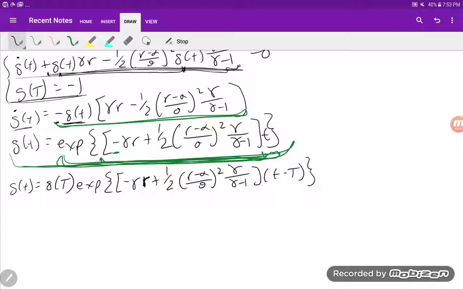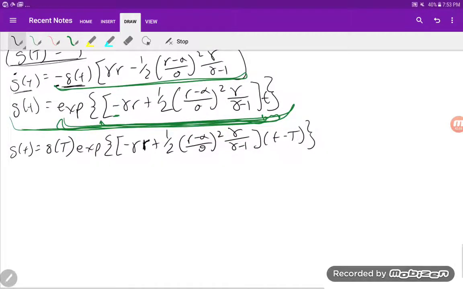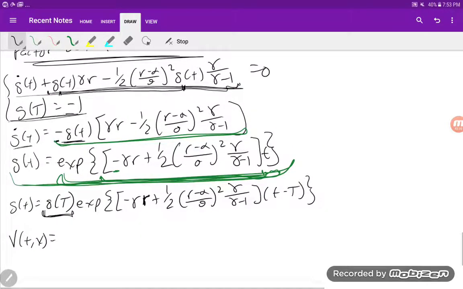Okay, and recall that we factored out our x to the gamma, so now we have to multiply both sides by x to the gamma to get back our value function. So we'll have that finally v is equal to, and remember we also found out that this g of big T is equal to negative 1.